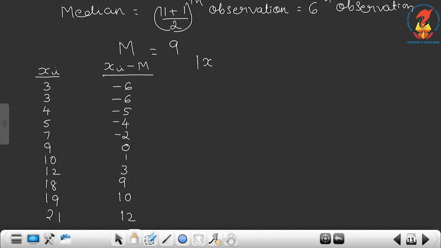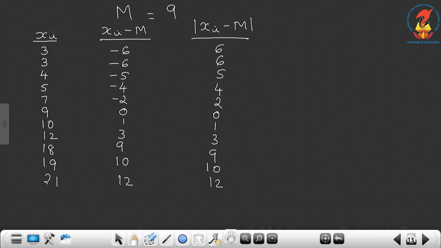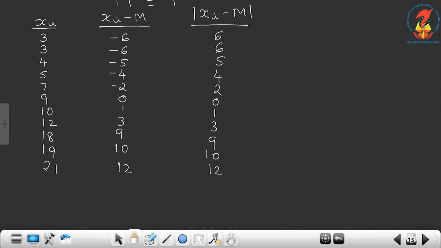And find the absolute values: 6, 6, 5, 4, 2, 0, 1, 3, 9, 10, 12. Find the sum of the observations. 6 plus 6 is 12, 17, 21, 23, 24, 27, 36, 46, 58. So the sum is 58.